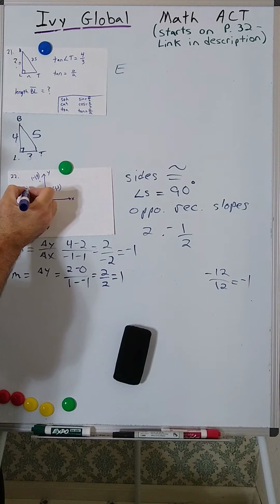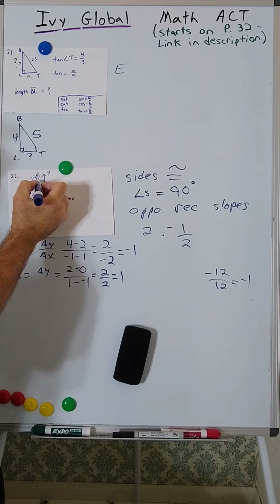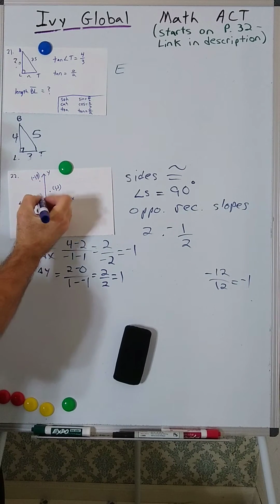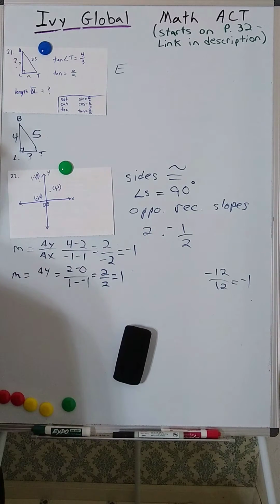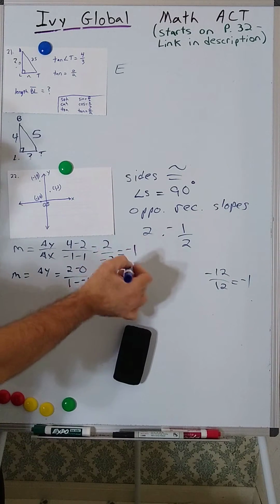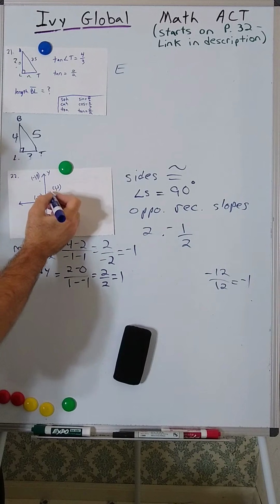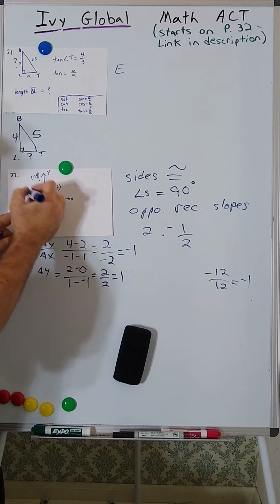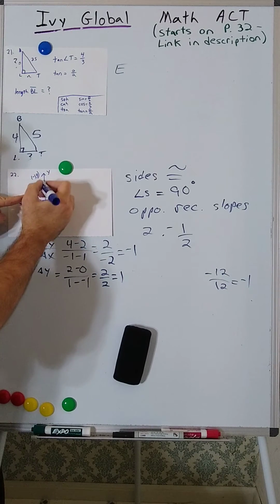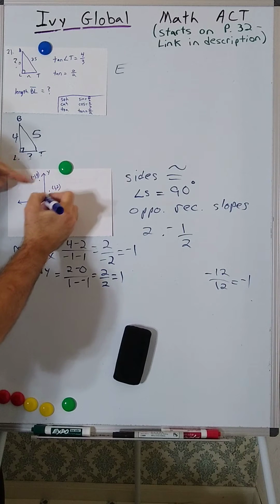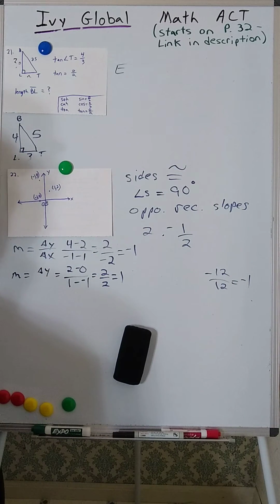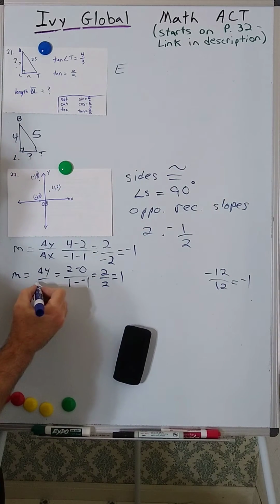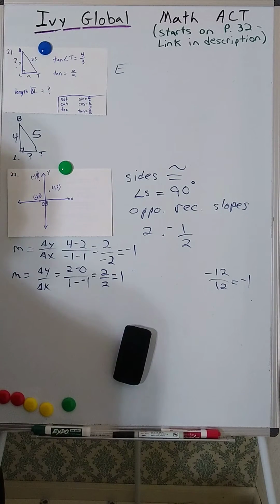So we want a point over here so that this side and this side have opposite reciprocal slopes. They now need to be 1 and negative 1 because these sides have to be parallel and these sides have to be parallel, so these slopes have to be the same. This has to be a slope of negative 1, and this has to be a slope of 1, just like this side. So we can use that to narrow down our choices.